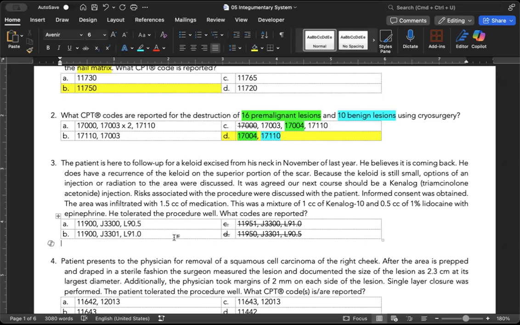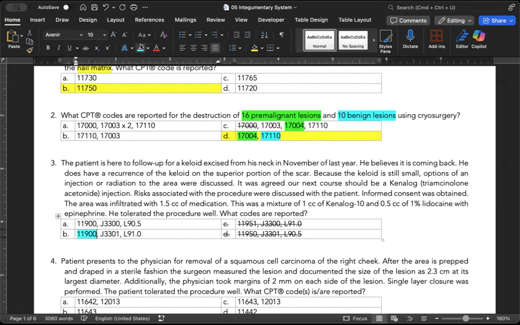J3300 is an injection of the triamcinolone acetonide, preservative free, 1 milligram. And then J3301 is an injection of that triamcinolone acetonide, not otherwise specified, 10 milligrams. So we should use the J30.